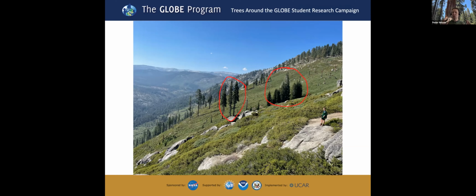So, this is where our monitoring and this effort that we're doing together in this Trees Around the Globe campaign is vital. And we won't really know some of these things until we look back at our GLOBE data in 5 or 10 years. Is this the new landscape and those trees will never come back?